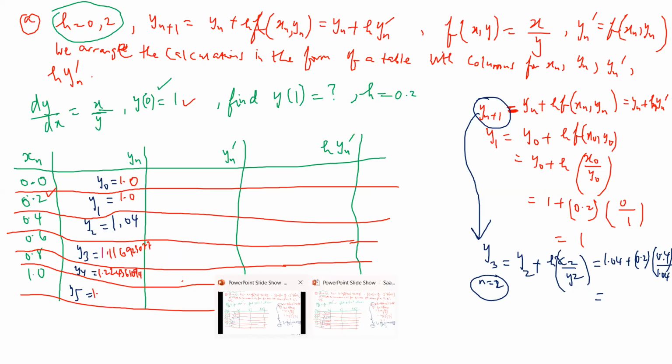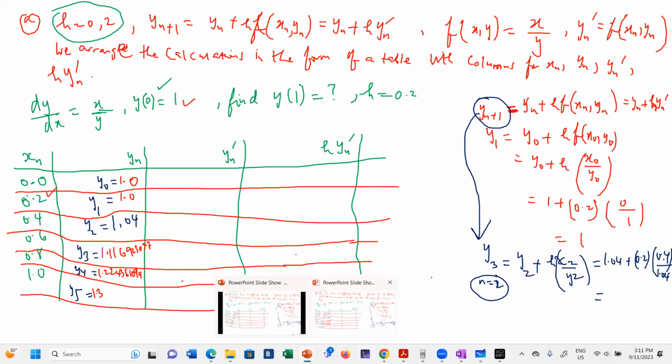y5. Okay, we continue in the same way. We have seen already the method, so it's exactly what we get here, 1.355.